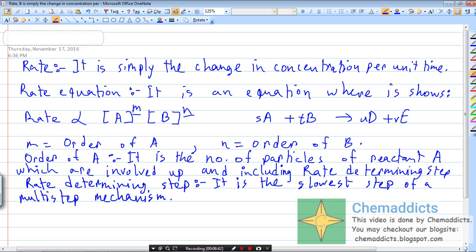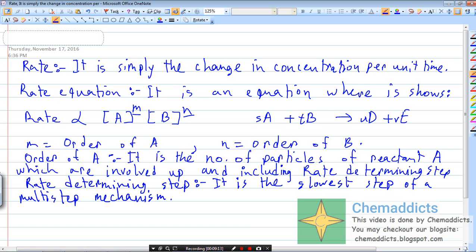It may involve intermediates, transition steps, and so on. Since it has many steps, the rate determining step would be the step which has the slowest rate.